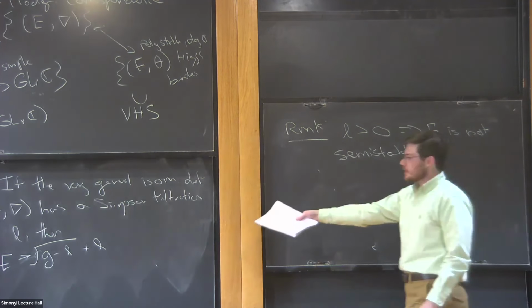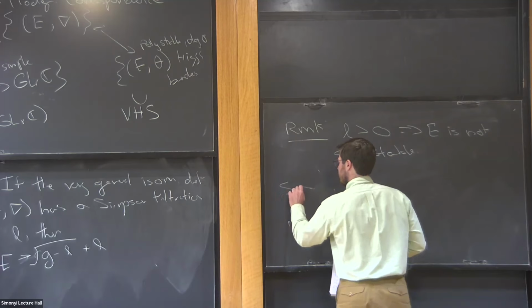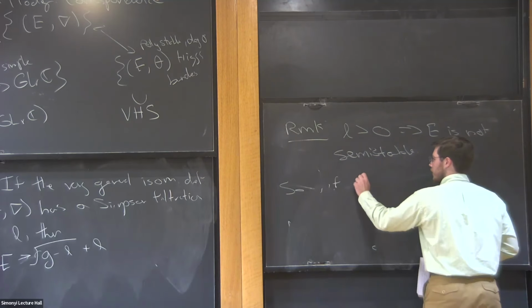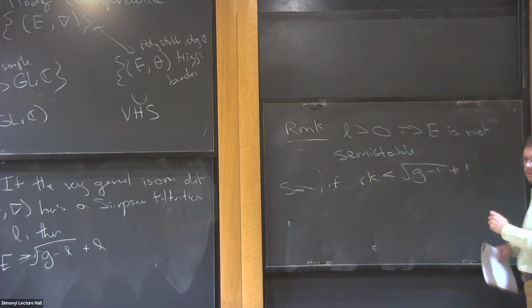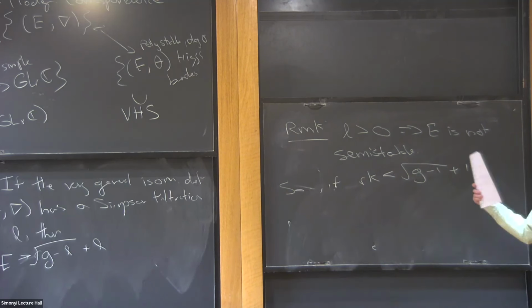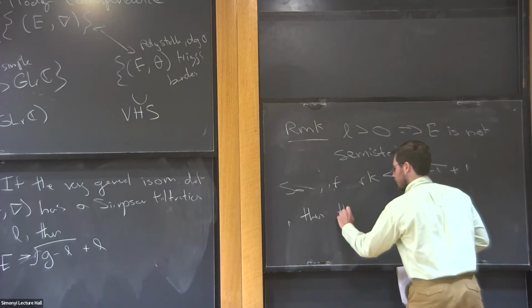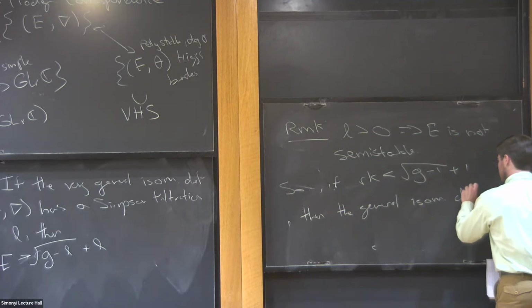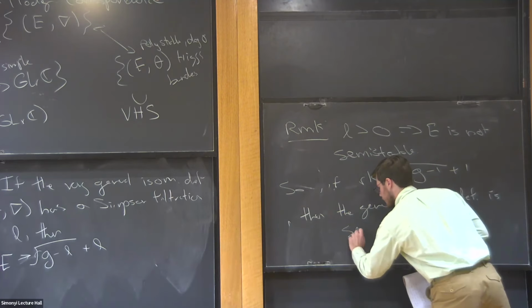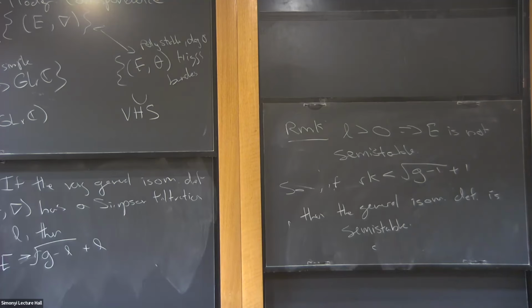And I can rephrase this theorem in the following way: if the rank is less than root g, it's 1 plus 1, any non-trivial filtration, then the isomonodromic deformation would have to be semi-stable. That is, the general isomonodromic deformation is semi-stable.